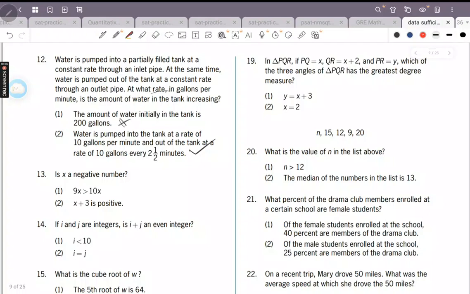Is S a negative number? Of course, this must be negative for 9S to be greater than 10S. I used to think of this in one funny way before. The only thing that can make a higher value to be greater than a lower value is that the thing is a bad thing, so that less is better.